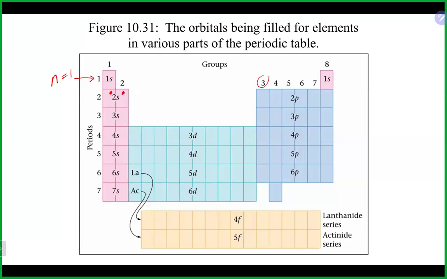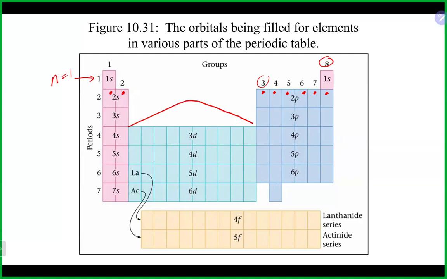Groups 3 through 8 represent the p subshell or the p block on the periodic table. If I filled up all the p subshell, how many electrons? 6: 1, 2, 3, 4, 5, and 6. The transition metals, which are right here, are the d block on the periodic table.